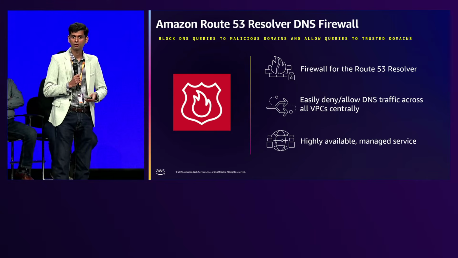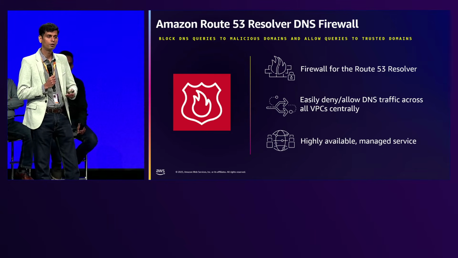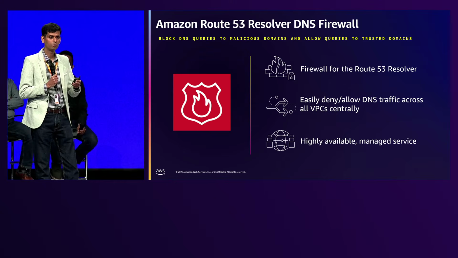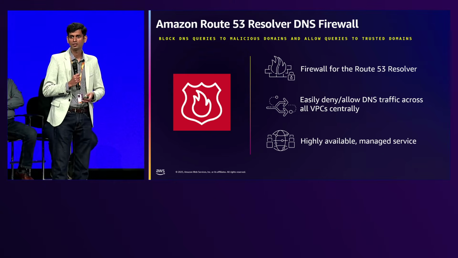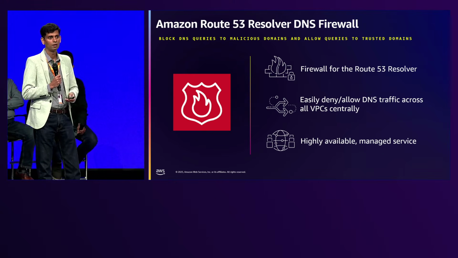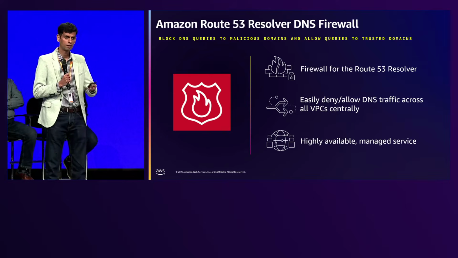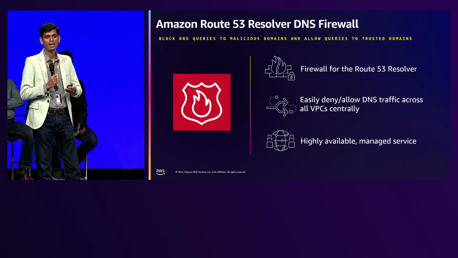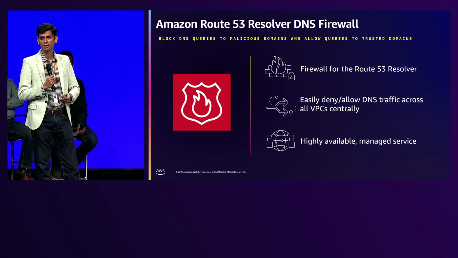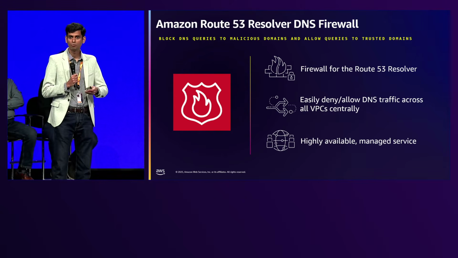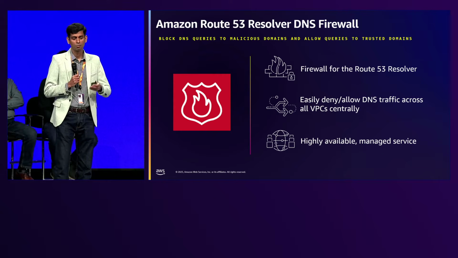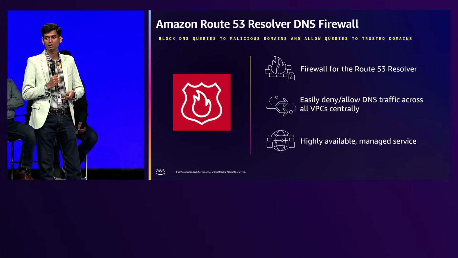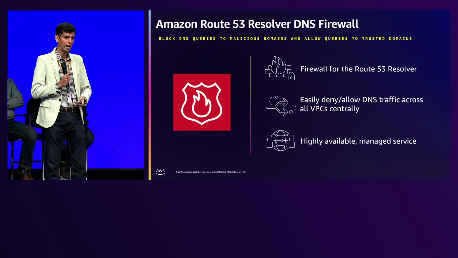You can also create your own custom rules or use some of the AWS provided rules for threat intelligence domain lists, which you can subscribe to, thanks to the partnership with GuardDuty and Recorded Future. These rules help you protect against malware, botnet, command and control, and so on. Here you also get additional visibility because DNS Firewall integrates natively with CloudWatch, Amazon S3, and Kinesis.